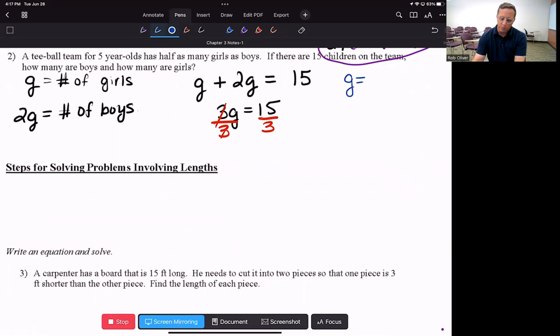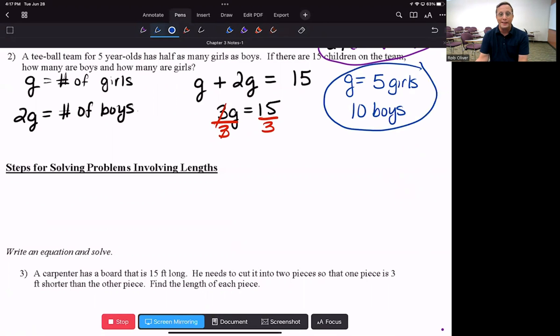So G represents 5. 15 divided by 3 is 5. And so that's the number of girls. And the number of boys is going to be 10. So 5 girls, 10 boys. And we know it's 10 boys because it's double the number of girls. It's stated in the problem.